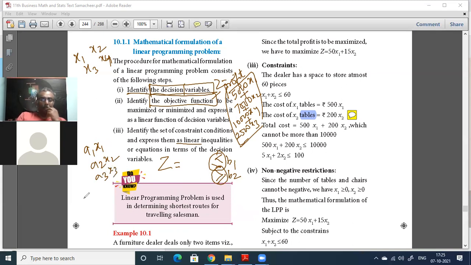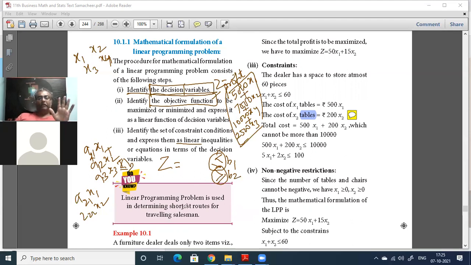The conditions go A11, A12, A13, then A21 x1, A22 x2, like that, plus, less than or equal to B. So that is also a linear function, and you write it as an equation.